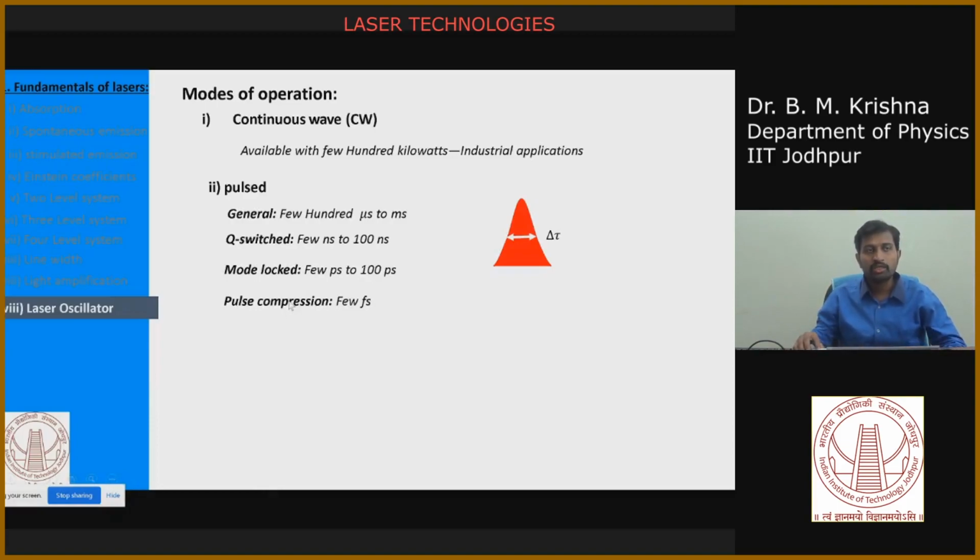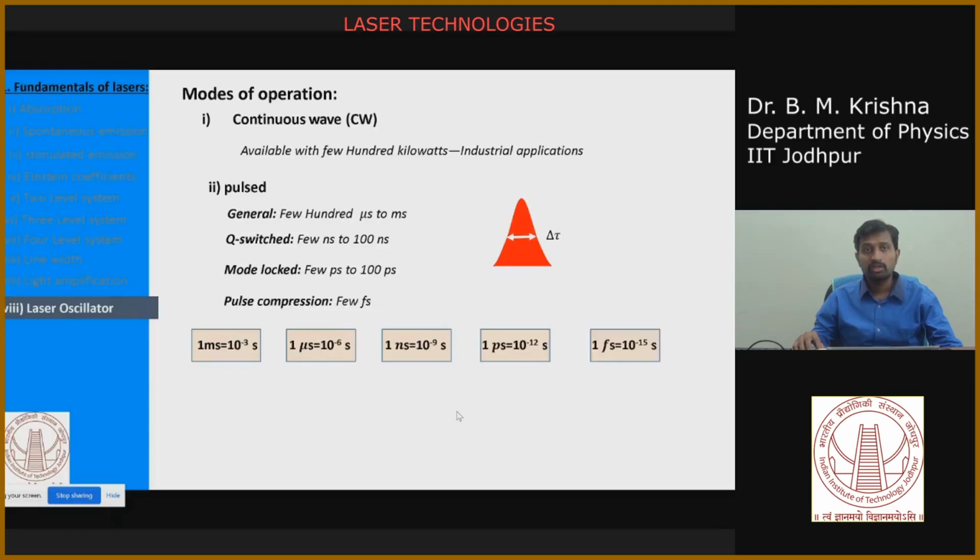With this technique, you can get pulses of a few femtoseconds, so your pulse width will be on a femtosecond time scale. Millisecond means 10 power minus 3 second, microsecond means 10 power minus 6 second, nanosecond means 10 power minus 9 seconds, picosecond 10 power minus 12, and femtosecond is 10 power minus 15 seconds.